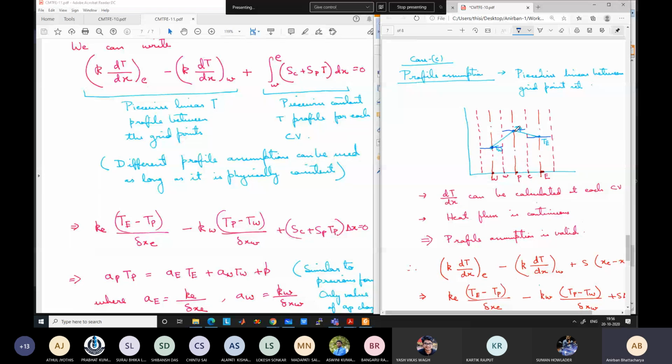To avoid that, I am assuming that T remains constant within the entire domain and is equal to the grid point T. If you take the entire T in the domain to be equal to the grid point temperature, then your calculation will be correct. Is it clear or should I clarify again? Yes, sir. Okay, good.